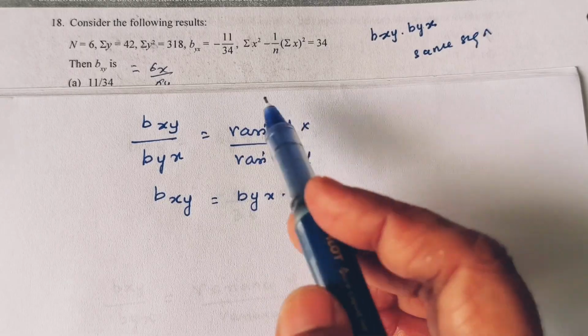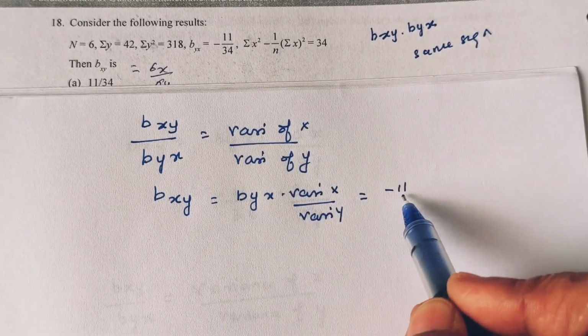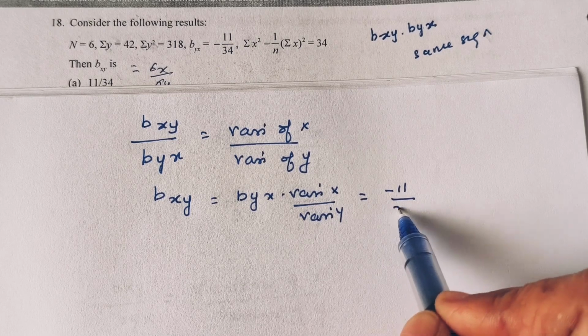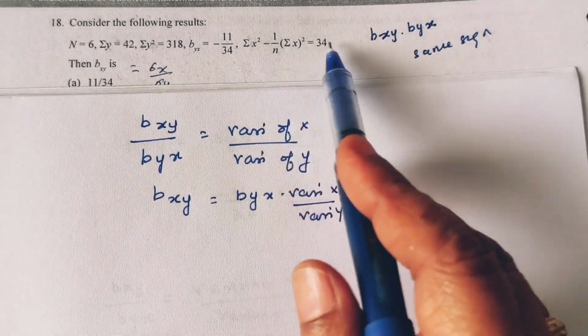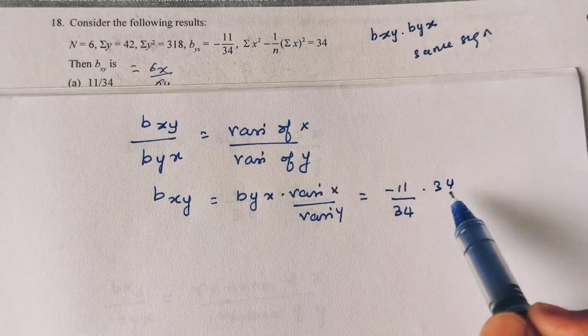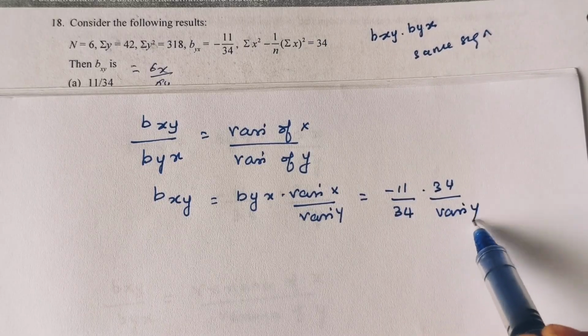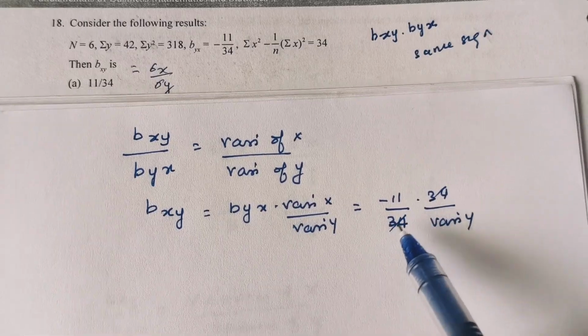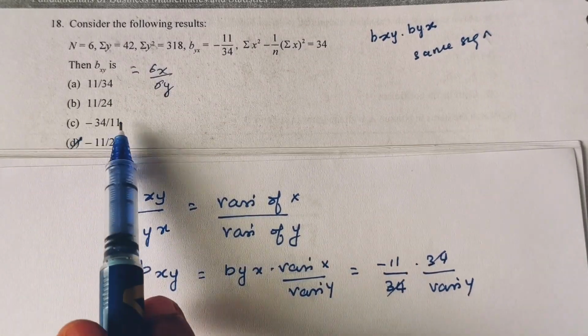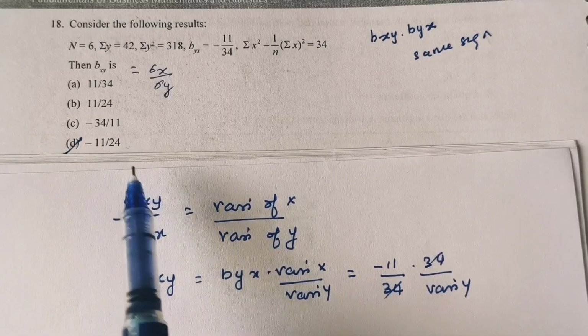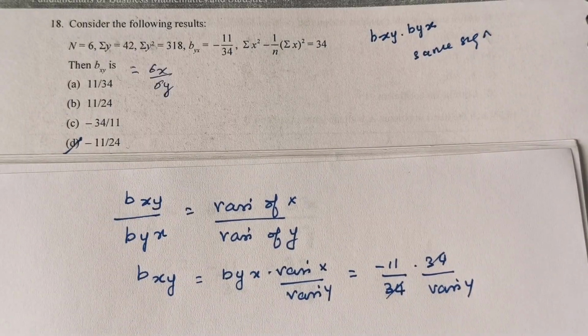It is given variance of x as 34. So when you substitute for byx, that is 11 by 34 into 34 by variance of y, 34 and 34 will get cancelled. So in the numerator you have minus 11. So option D will be the right answer. Right? A tricky way this is.